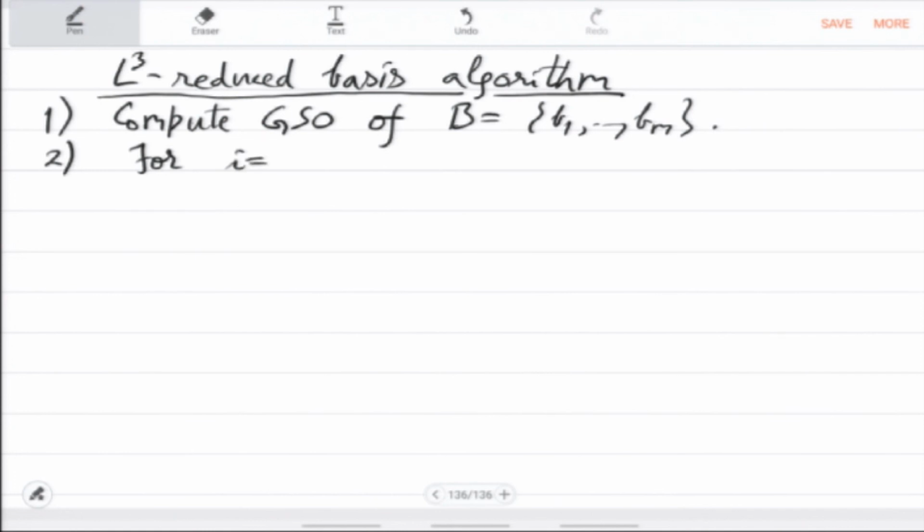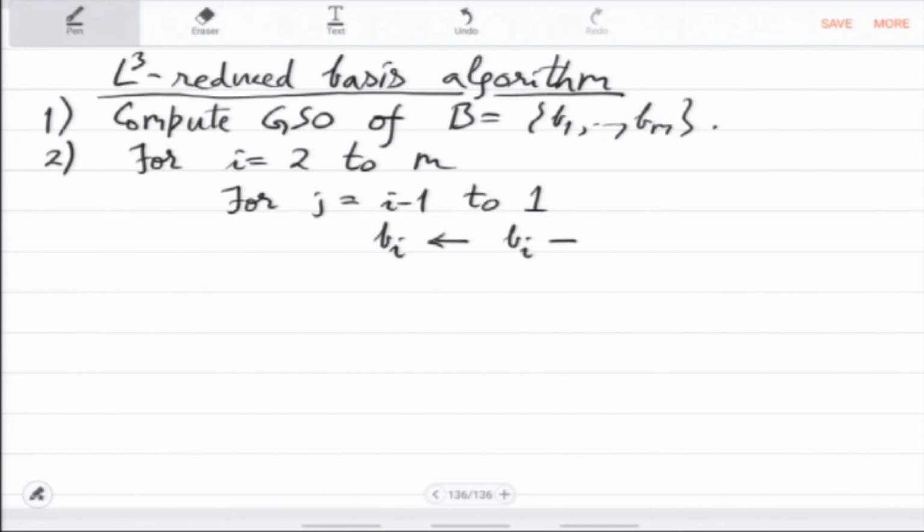Next, let me first give the step, then I will explain it. So say i is equal to 2, so what you will do is you will transform B2.